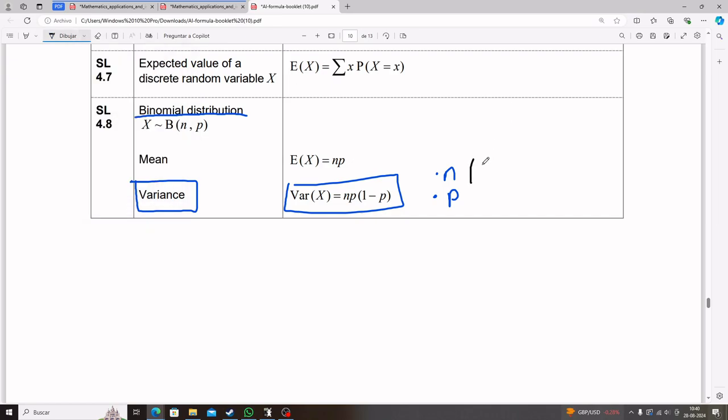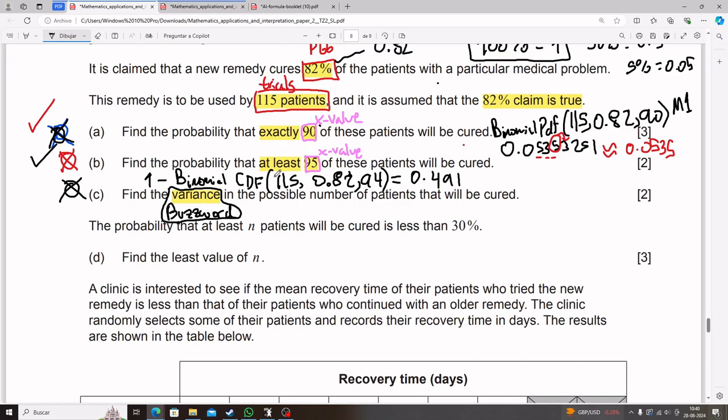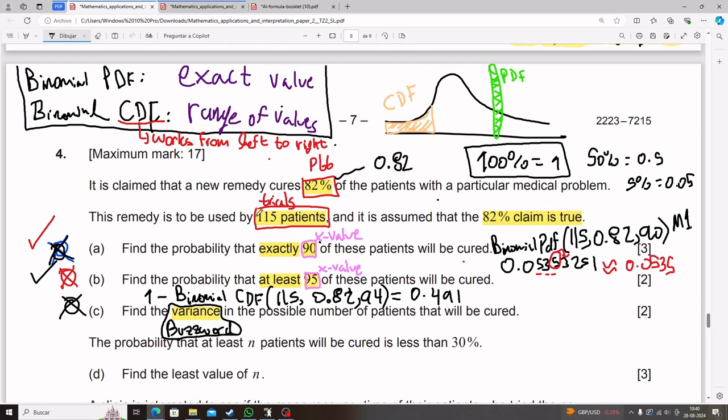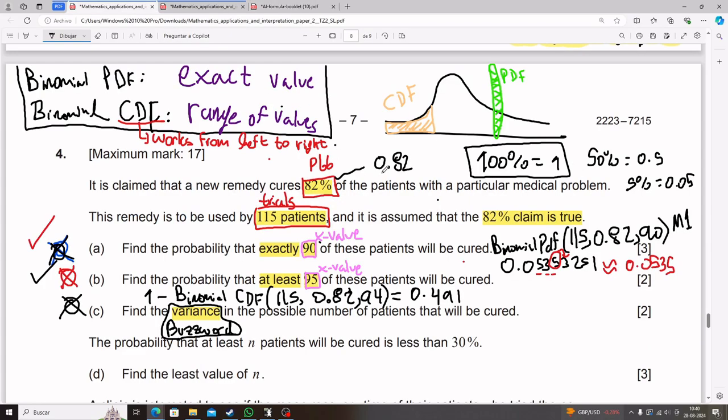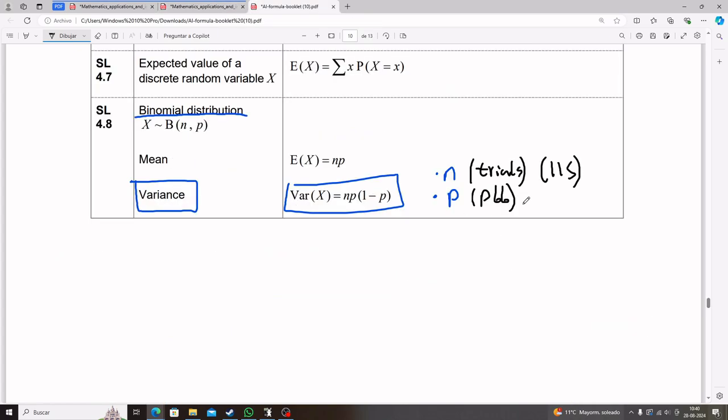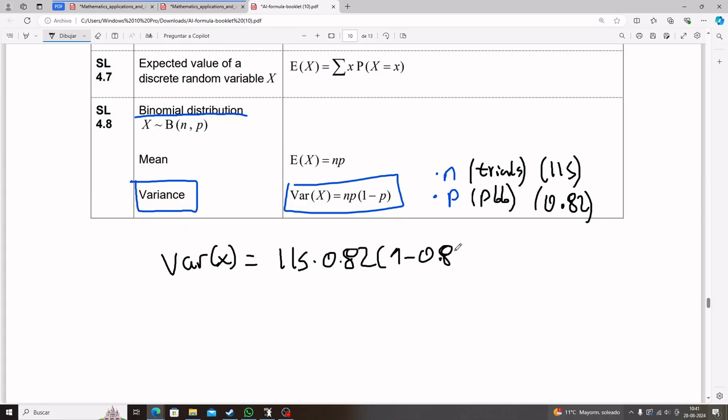N is simply going to be your trials, while p is going to be your probability. And I already mentioned earlier that trials was 115, so trials is 115, and probability is 0.82. So if you go ahead and plug that into the variance formula right here, you end up with 115 times 0.82 times 1 minus 0.82.